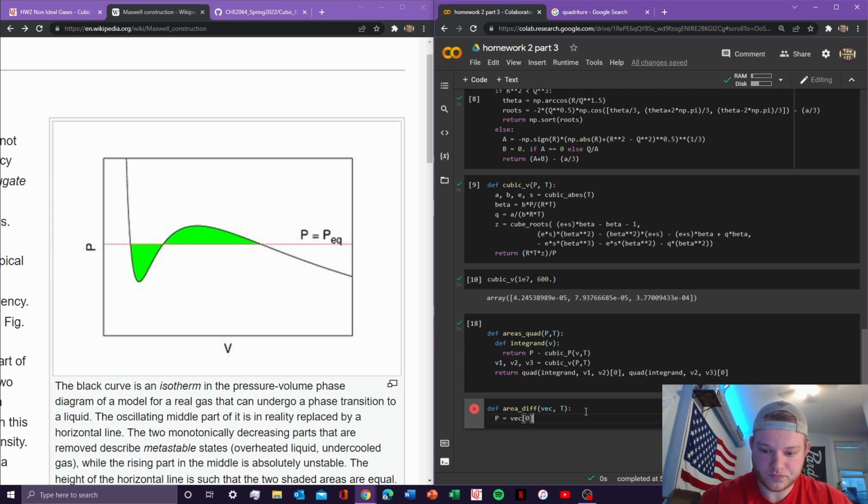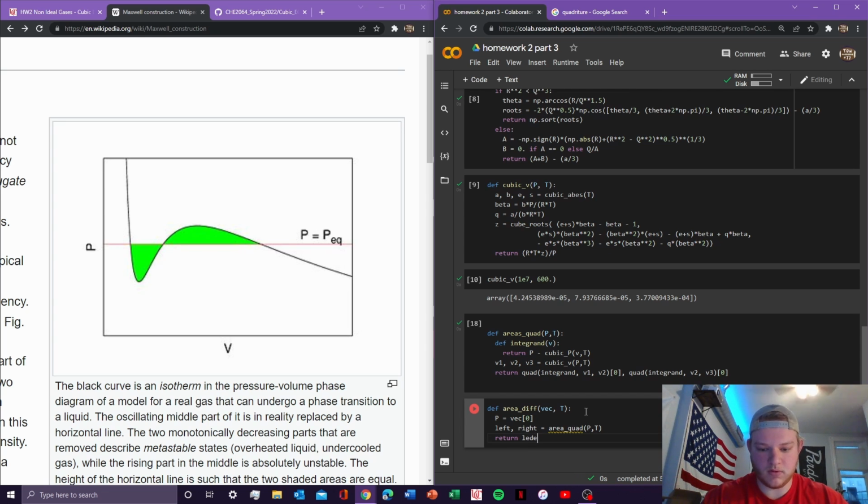Then we need to specify the left side and the right side, which is equal to what we did just above, areas quad of P times T, and then we need to return the addition of those.